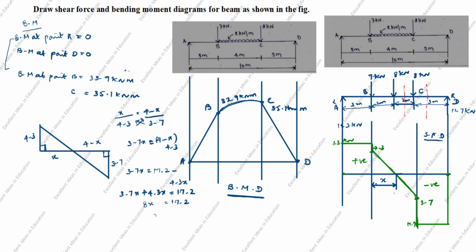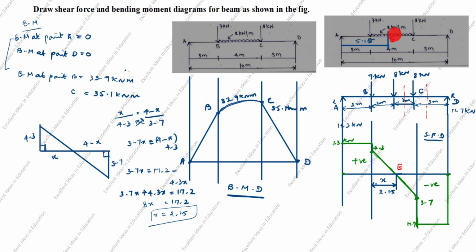X is equal to 2.15. Now this x value is 2.15. Now we will calculate from here to here. This distance is now 3 plus 2.15 is 5.15. Now we will consider this as an E point.